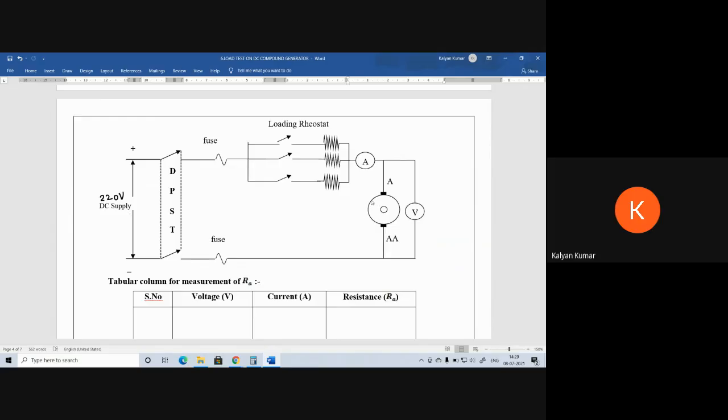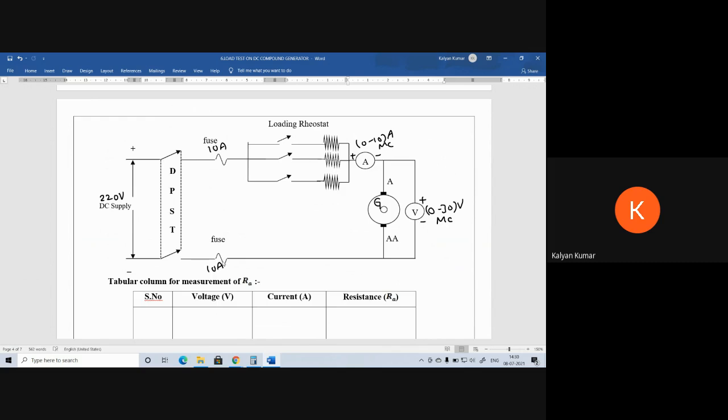So in order to protect the armature, most of these 220 volts will be dropped across the loading rheostat. Only a small voltage is applied across the armature. We are going to drop almost 200 volts here, so we apply less than 20 volts. So I am taking a 0 to 30 volts voltmeter of MC type, and corresponding to that low voltage, the current will be less than 10 amps. So 0 to 10 amps MC type, and the fuse rating will be 10 amps.